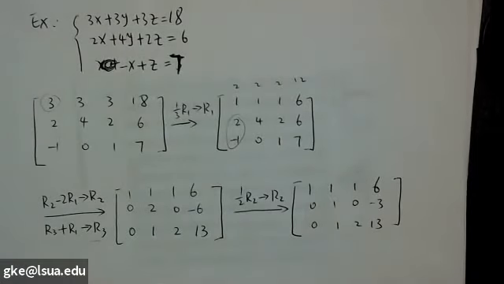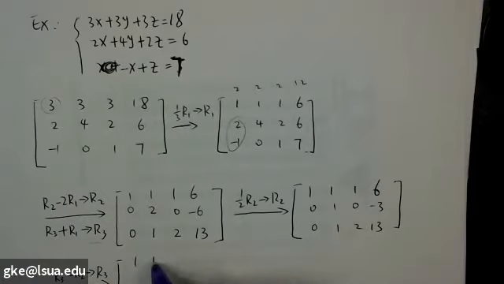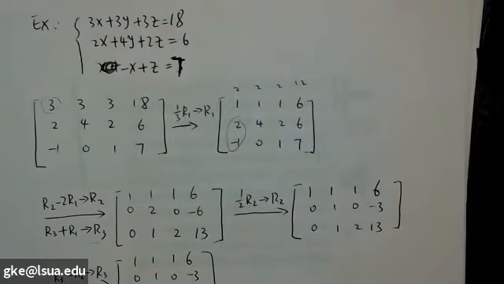Right? Now we want to use the second equation to eliminate the second variable. So we're gonna have R3 subtract R2 for R3. Okay, and again, you have diagonal element that is 2.